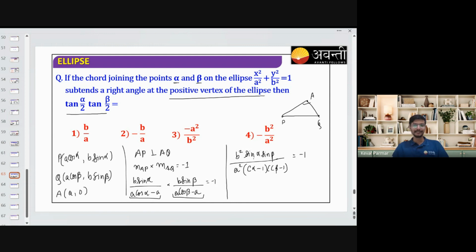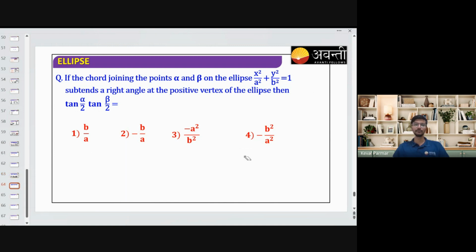See, first I'm rearranging. I'm writing sine alpha, sine beta upon these both the terms. I am rearranging 1 minus cos alpha by taking minus common, 1 minus cos beta, equals minus A square upon B square.